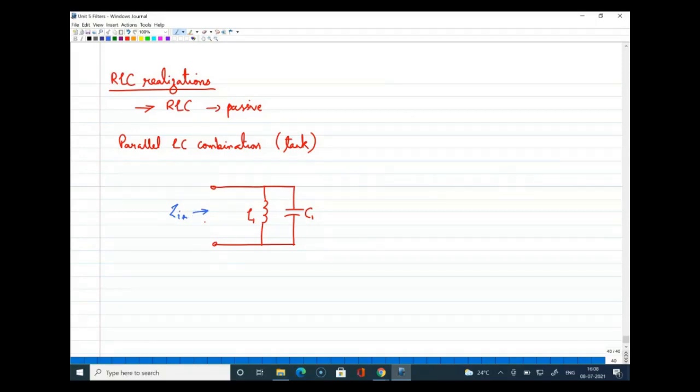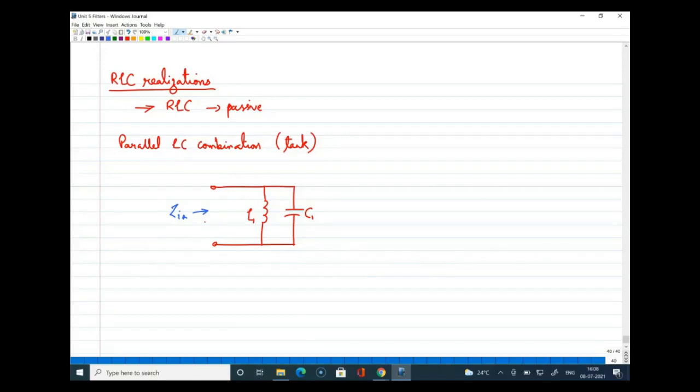Can I get some response in the chat? What will be the impedance seen at the input side? Yes, it is the parallel combination of the reactance of inductance and capacitance.